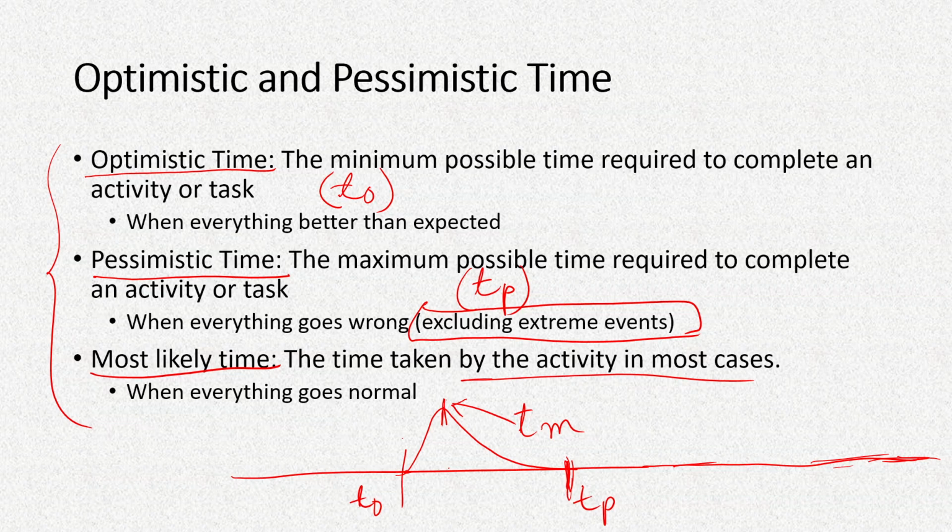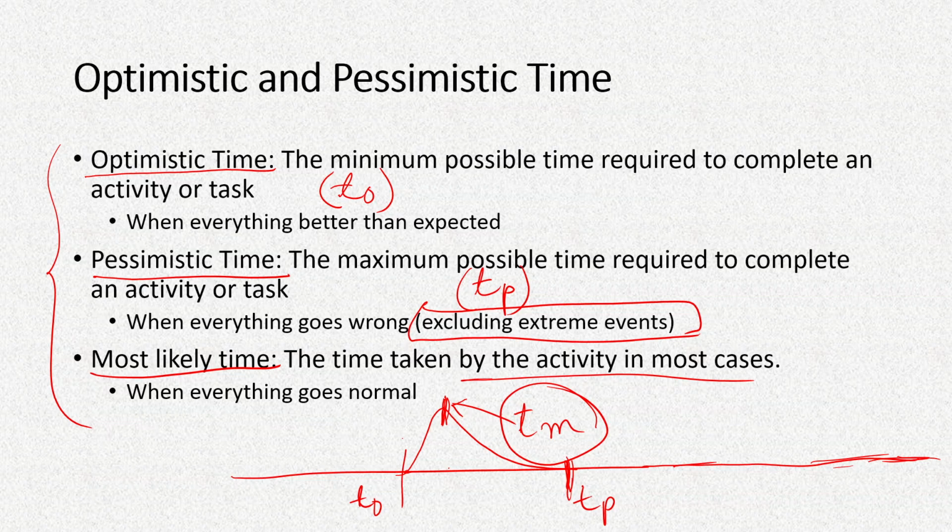Now, out of these, if you want to do the calculations, one may think, why don't we simply use the most likely time for estimation, because that's going to be the case for almost all the activities. Most of the times we are going to get only that duration, and that estimation will be quite accurate.